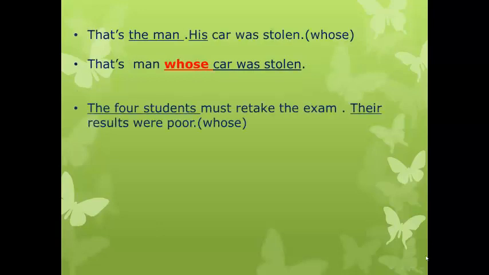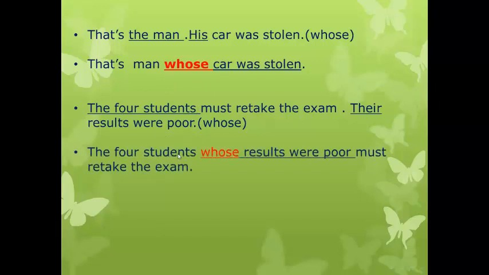Another example. The 4 students must retake the exam. Their results were poor. Use whose. We have the pronoun there which refers to the 4 students, and this is the noun that we are going to talk about. So here we are supposed to put the new relative clause that talks about this noun like this.